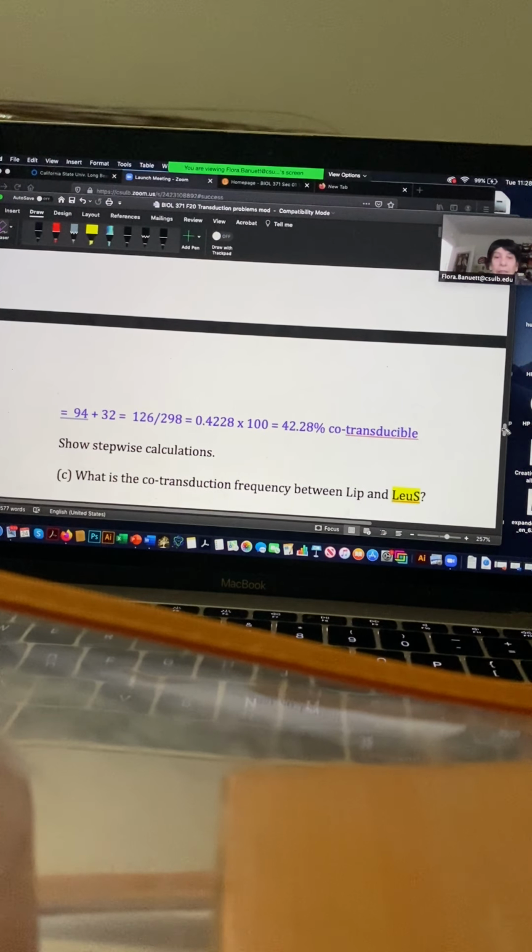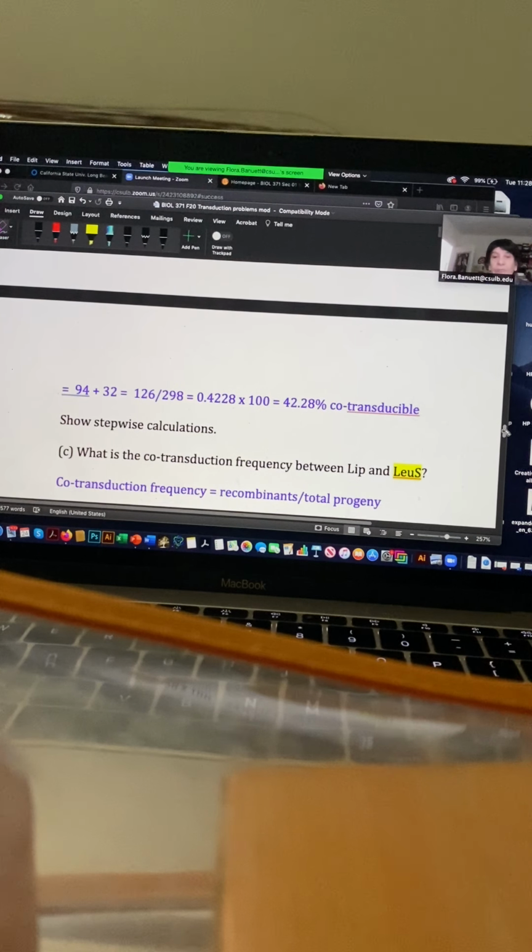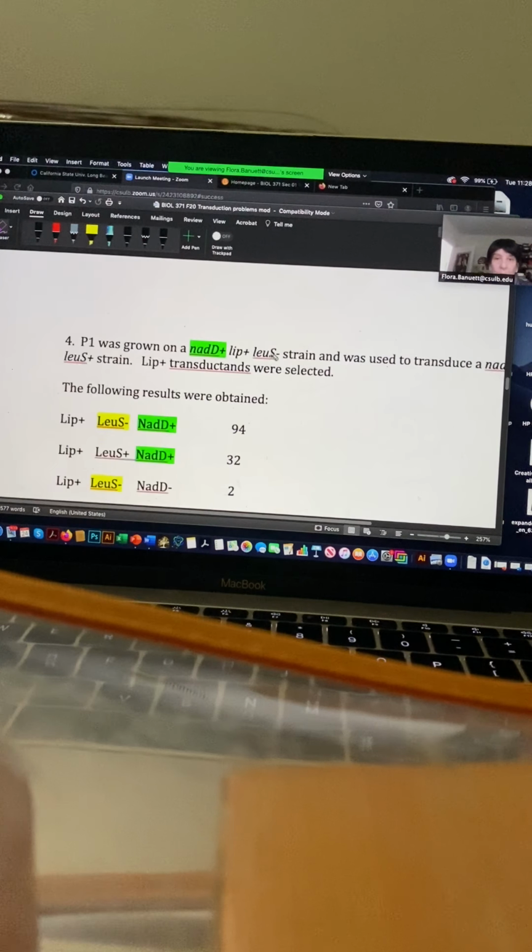Okay, and then the next one is, what is the co-transduction frequency between lip and lu? Again, we go and it's lu minus. So I should put the yellow here. So I look at these lu minuses, they are 94 plus 2.